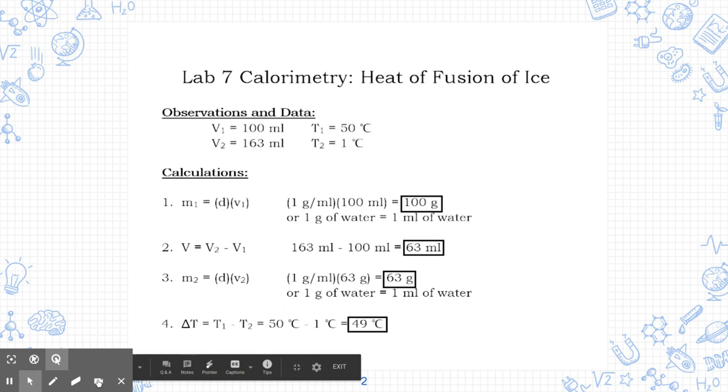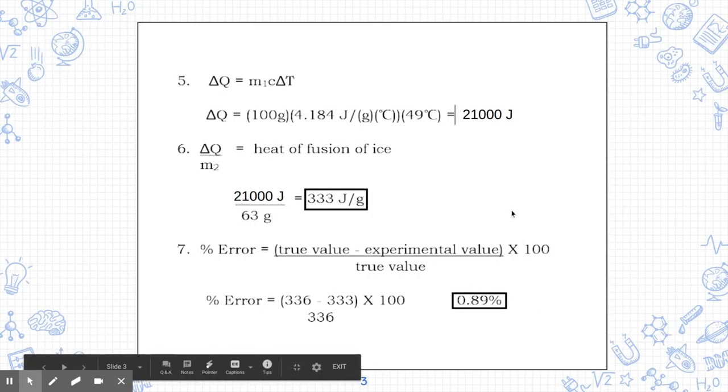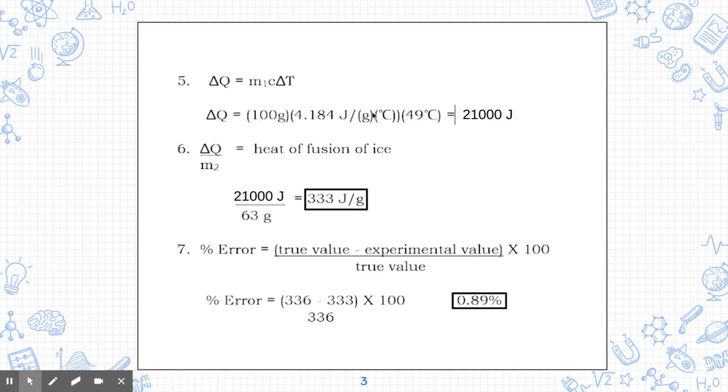Mine was 49. Your grams cancel out, degrees Celsius cancels out, and you're left in joules. This is how much heat was needed for 100 grams of water. So 21,000 joules.